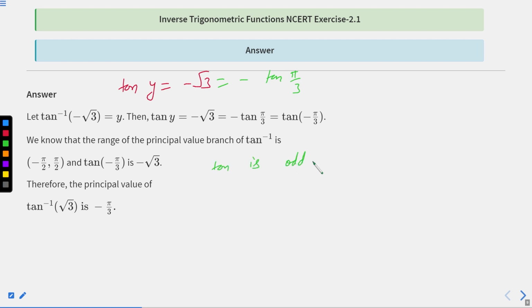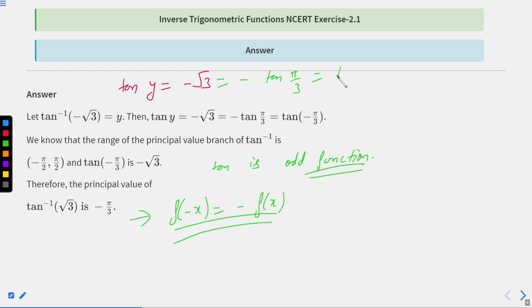An odd function means f of minus x is equal to minus f of x for every x in the domain of the function f. So this means tan is odd. From this, I can rewrite it as tan of minus pi by 3. From this, I can say y is equal to minus pi by 3.